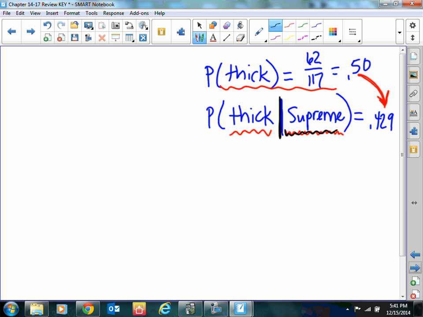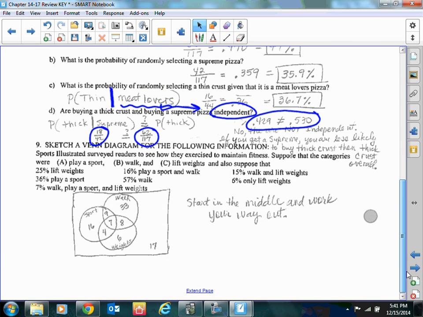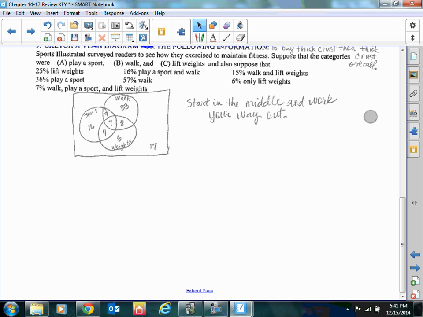Given that you have chosen a supreme pizza, you are less likely, going from 50 to 43%, to have chosen thick crust than thick crust overall. Therefore, they are not independent. Your choice of pizza is changing the rate at which you chose thick pizza.